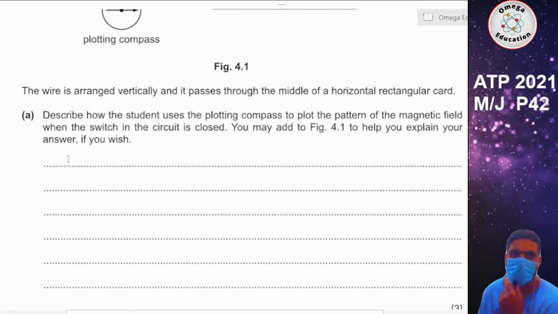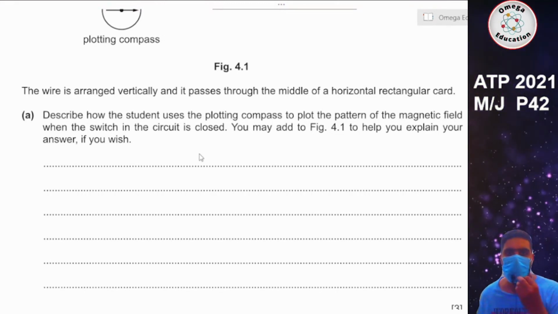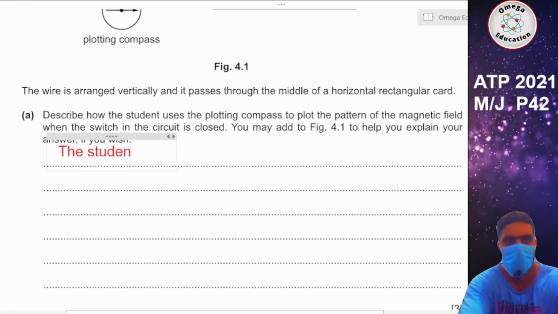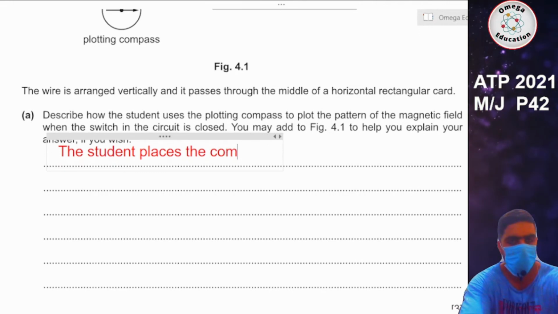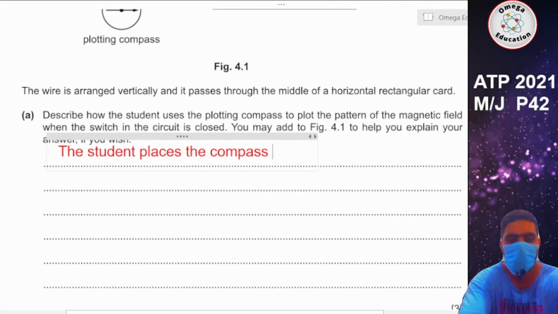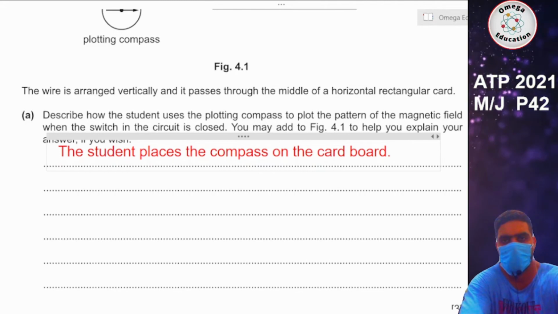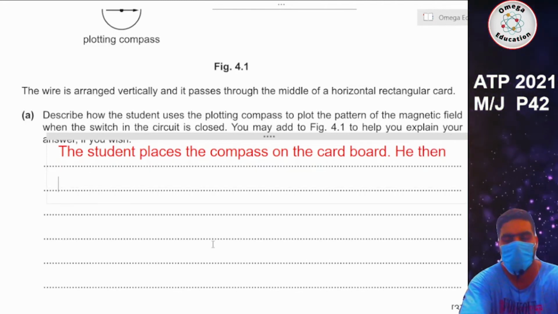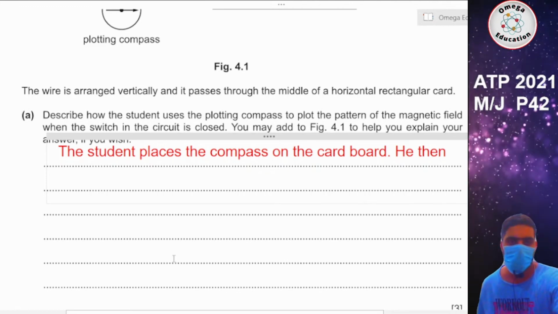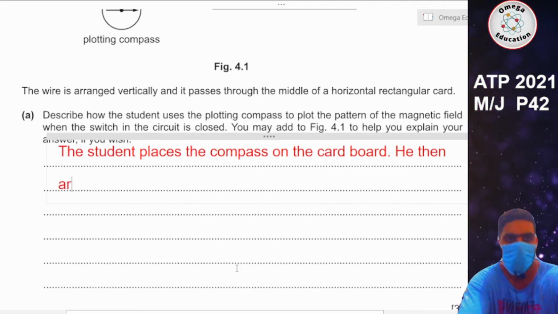Now we summarize it. So we can be writing: the student places the compass on the cardboard. He then marks a dot.